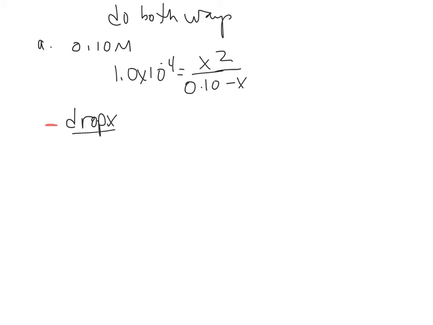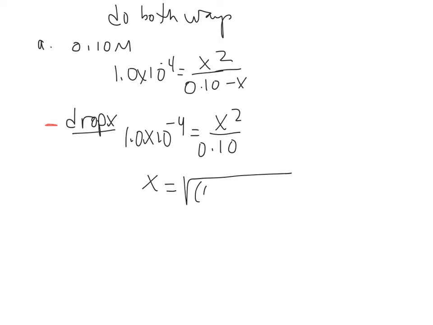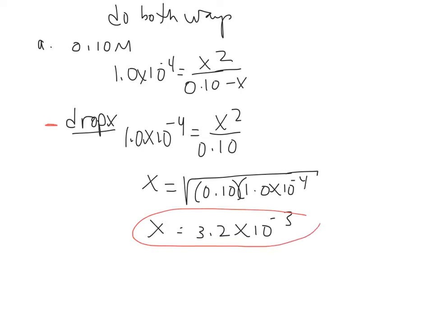If we drop x, then we have 1.0 times 10 to the minus 4 equal to x squared divided by 0.10. Then x will be equal to the square root of 0.10 times 1.0 times 10 to the minus 4. So x will be the square root of 1 times 10 to the minus 5, which is equal to 3.2 times 10 to the minus 3. So this is our first result.